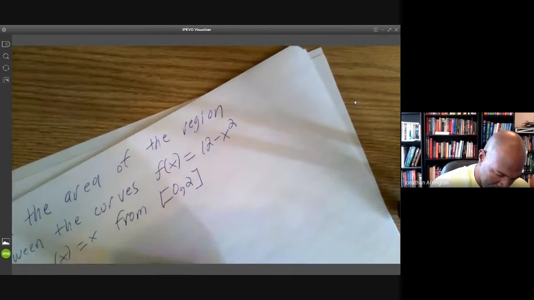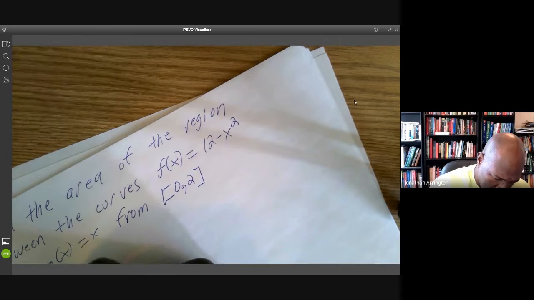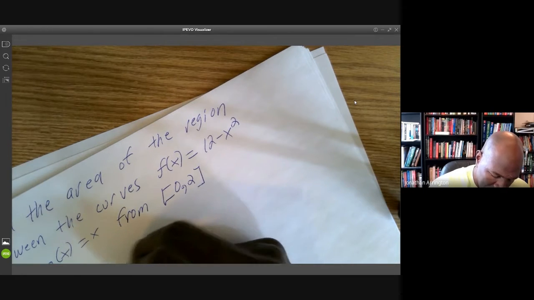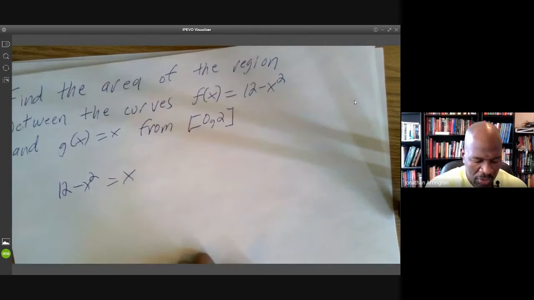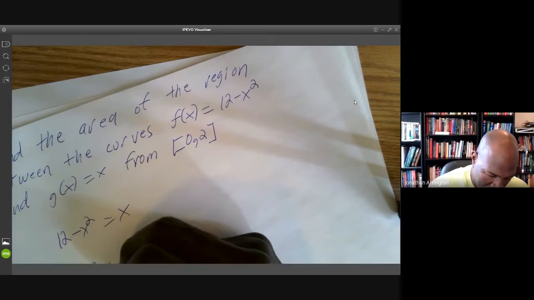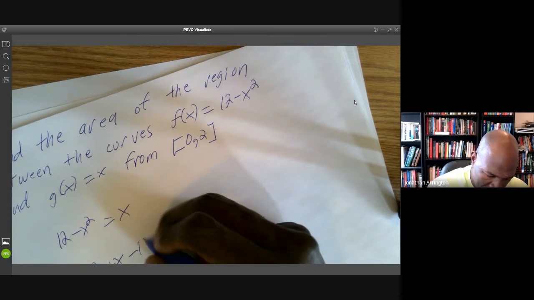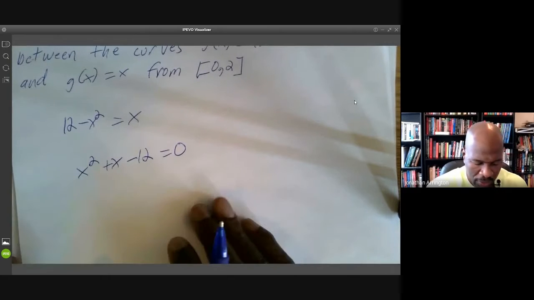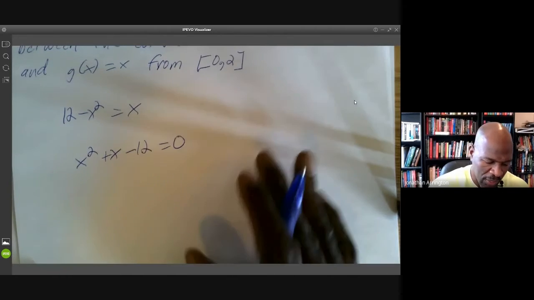So we'll say 12 minus x squared is equal to x. Let's move everything to the right, and that'll be x squared plus x minus 12 equals 0. That's a quadratic that we can easily solve via factoring.